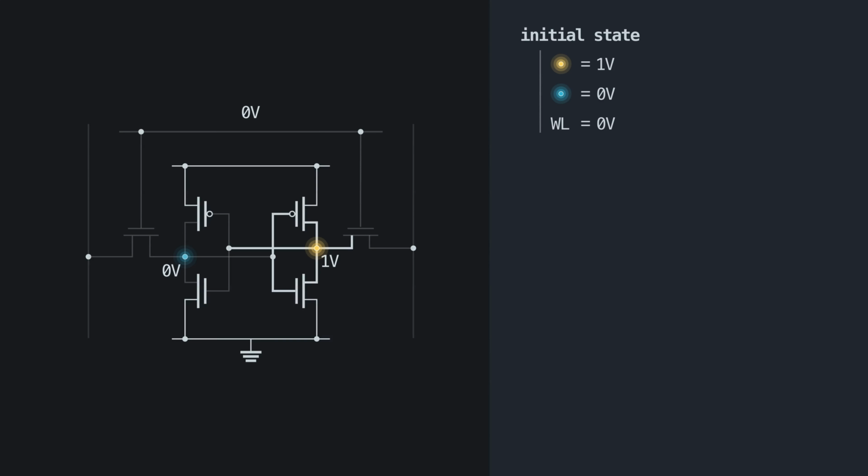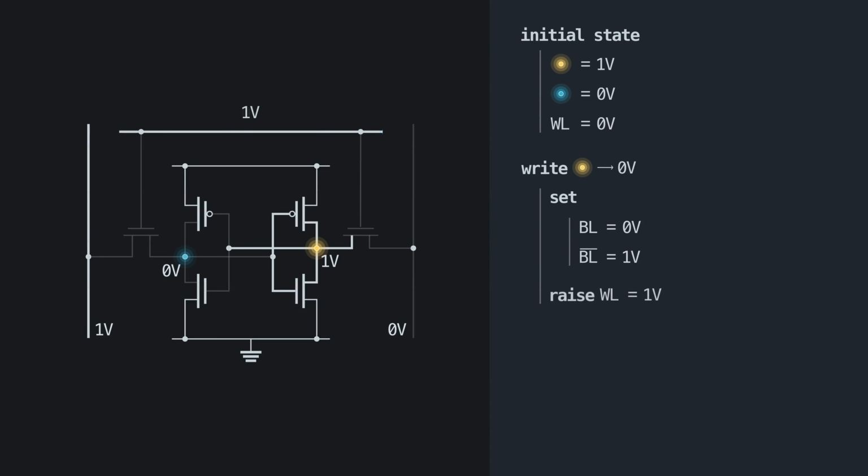Now, suppose we want to write a 0 into orange, mutating the state. The left bit line is now driven high alone. Then, like before, the word line is powered on, opening access.